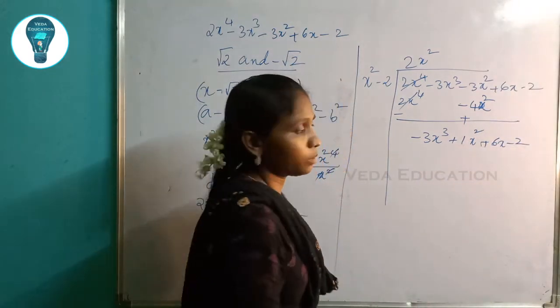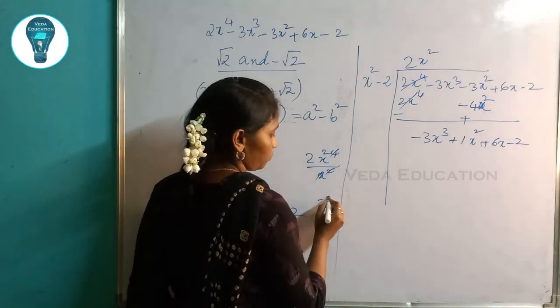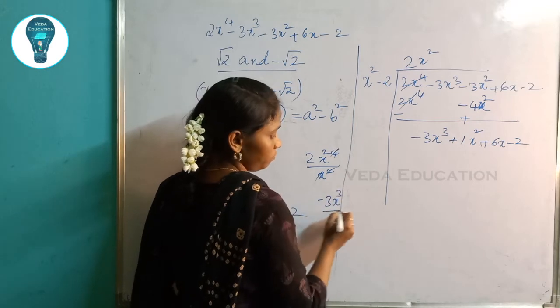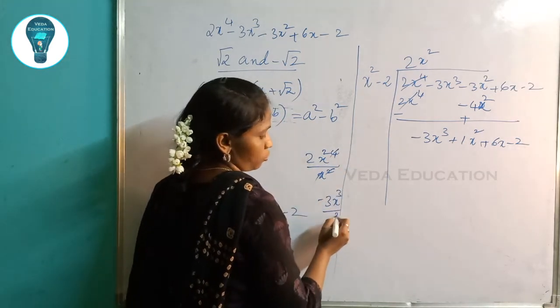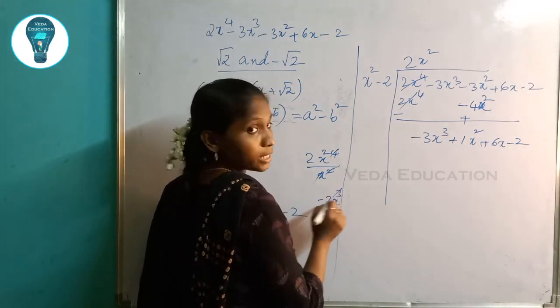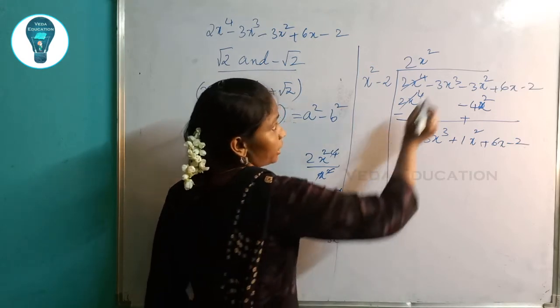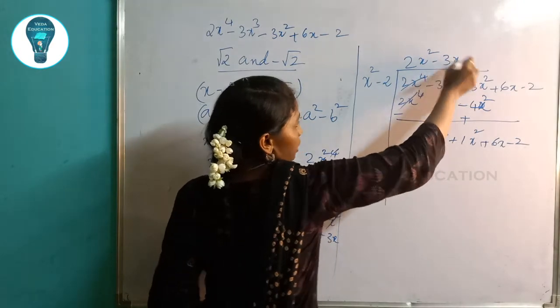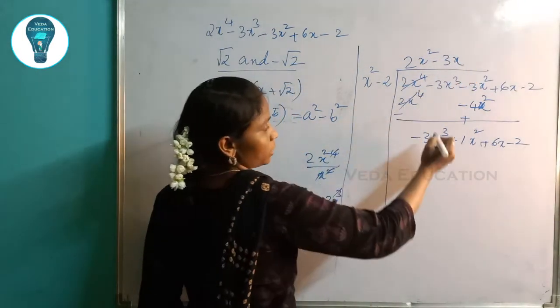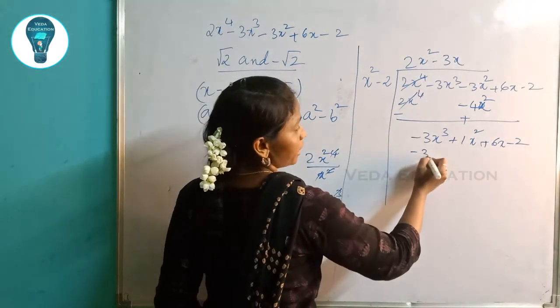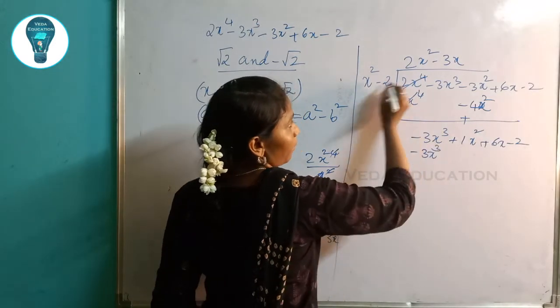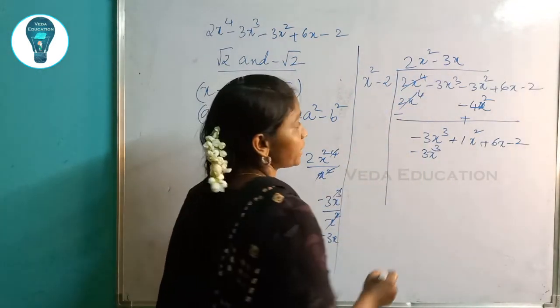Now what is the first term of the dividend? Minus 3x cube. Divide by the first term of the divisor, x square. So 2 x's get cancelled and 1 x is left. What is the term left here? Minus 3x is left. So write it in the quotient part with the sign also. Minus 3x into x square, you will get minus 3x cube. And minus into minus plus, 2 3s are 6x.